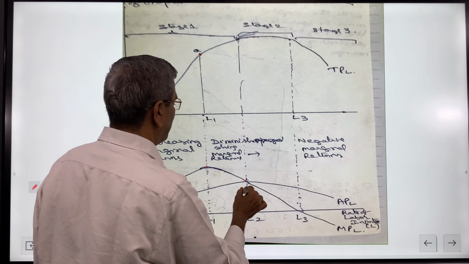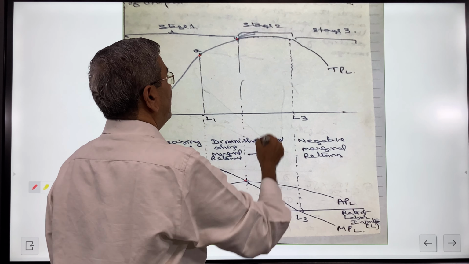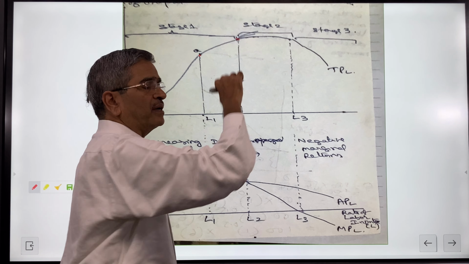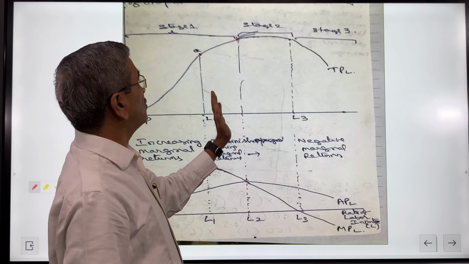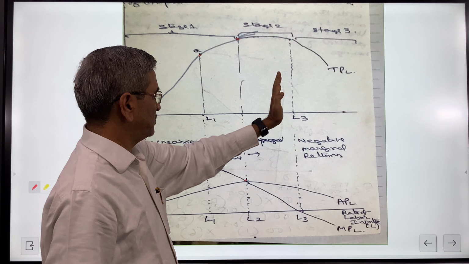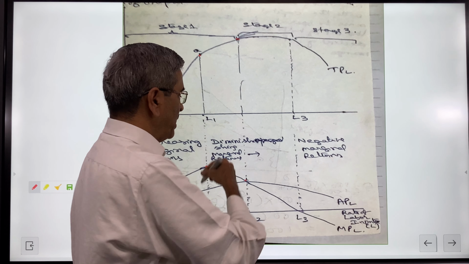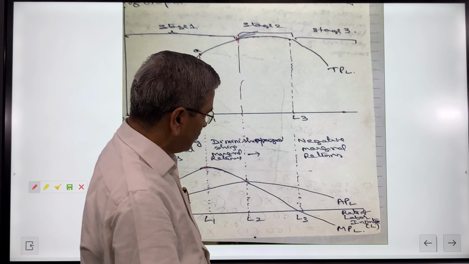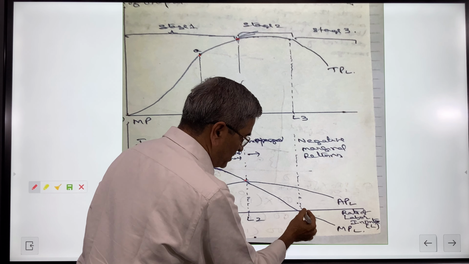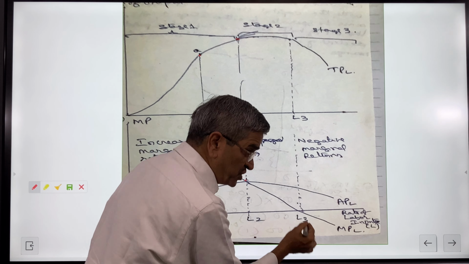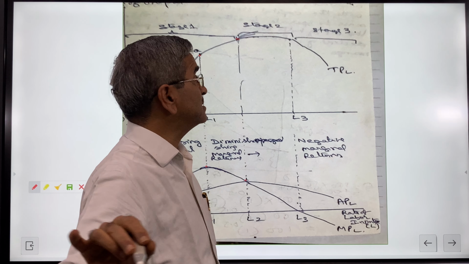From that point, if you draw a perpendicular, this is where your total productivity stops increasing. It will be stagnant. That is called stage 2 production. And here your marginal productivity starts falling and your average productivity curve starts falling. Both will be falling, and the marginal productivity reaches 0. Once 0, there is no further increase at all.